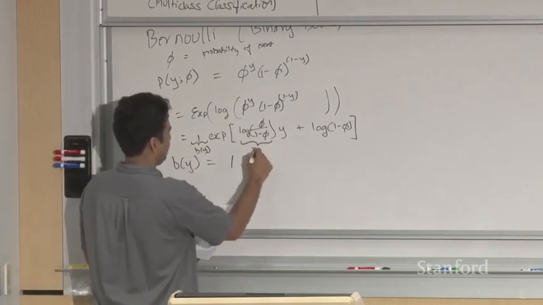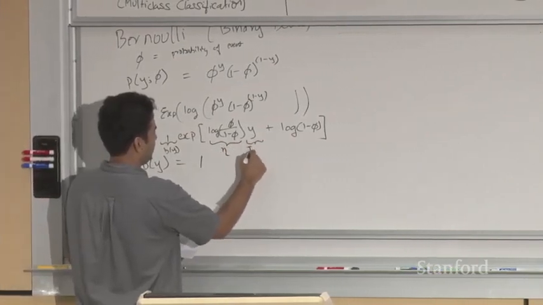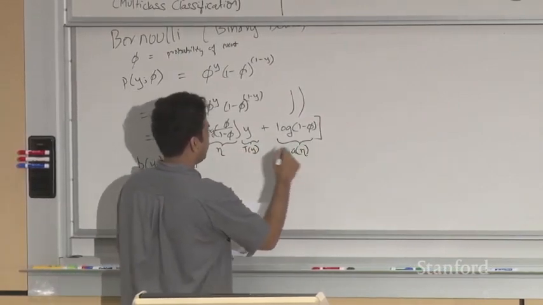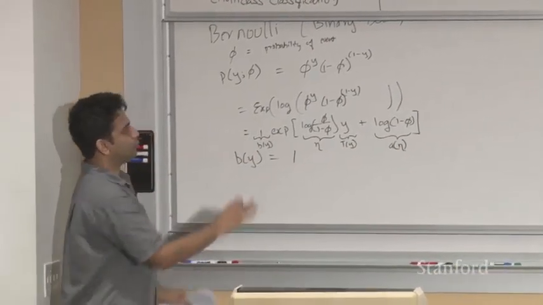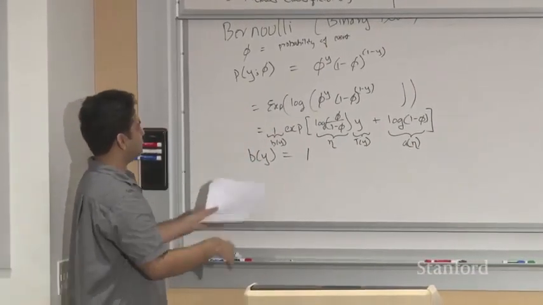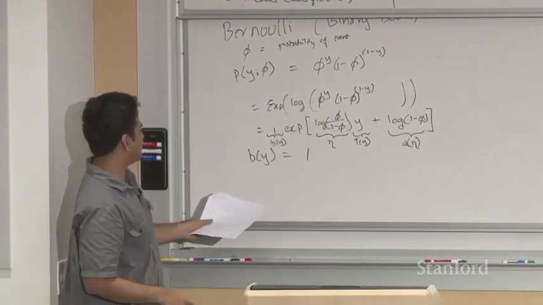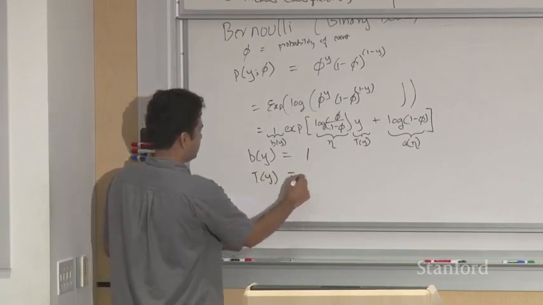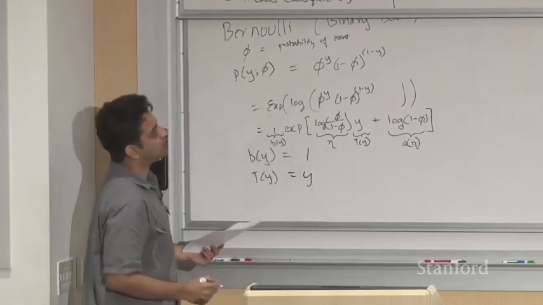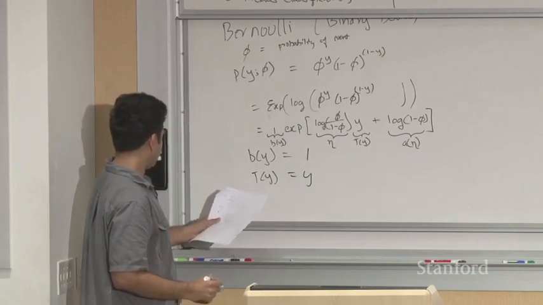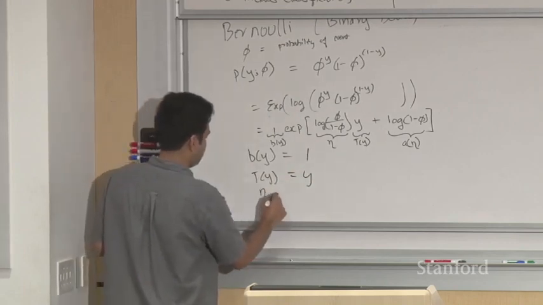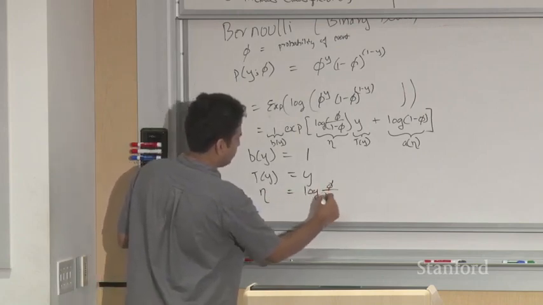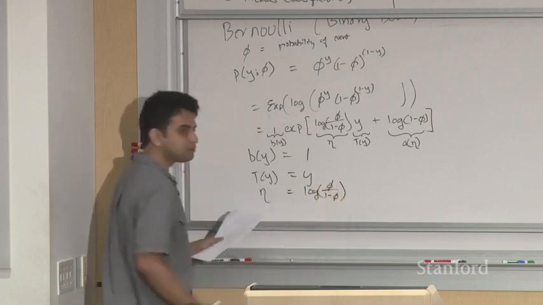This would be eta, this would be T of y, and this would be a of eta. You can see that they match in pattern. So b of y would be 1. T of y is just y, as expected. What else? So eta is equal to log of phi over 1 minus phi.